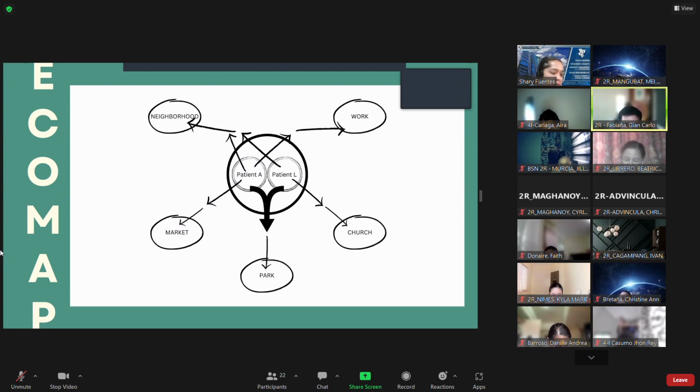Now, for the eco map, it is displayed here that Mr. A goes around the neighborhood to socialize with his neighbors and to the market to buy their food and provide for their family, and also to work as a tricycle driver, while Miss L goes to the church to pray, and also when they have the time, they go to the park to relieve stress.